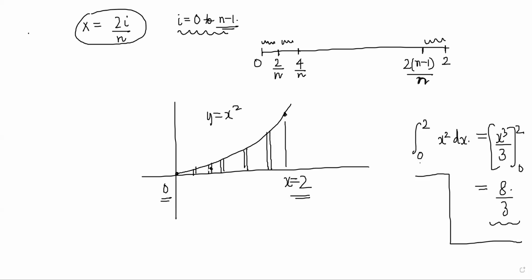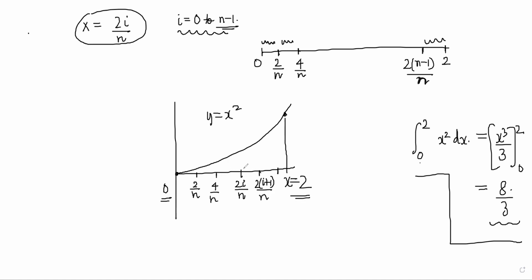Now, what I want to do here is at each of these points, let's say this is 2 by n, this is 4 by n, this is 2i by n, and this is 2(i plus 1) by n, and so on till the last one.